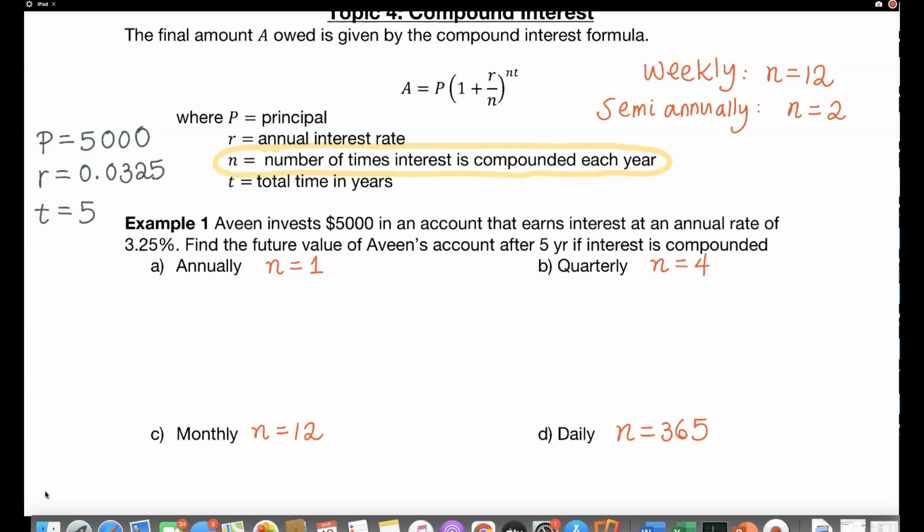We identified N for all 4 different cases. So let's get started with annual.